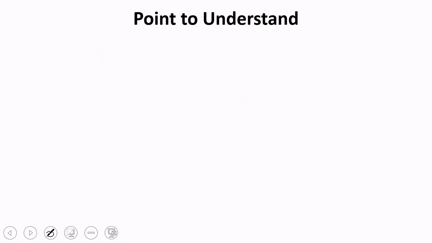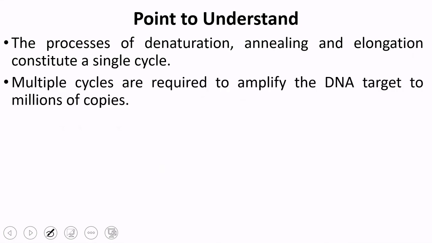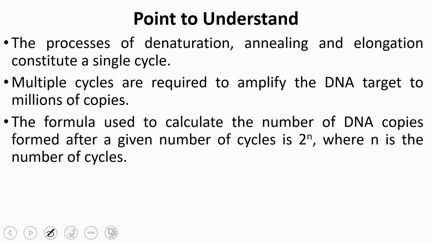There are some points which need to be remembered. The three steps, denaturation, annealing, and elongation, constitute one cycle of the PCR. Multiple cycles are required to amplify the DNA target to millions of copies. The formula used is 2 to the power n, where n is the number of cycles.